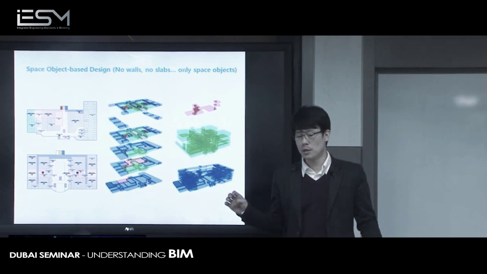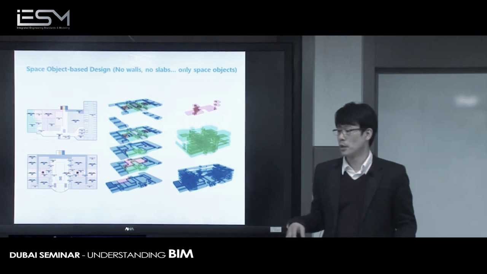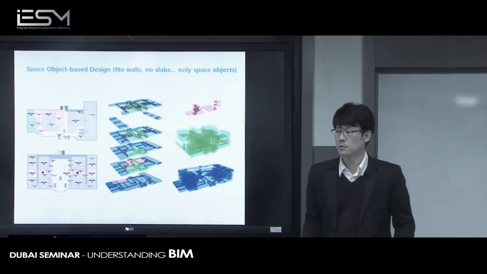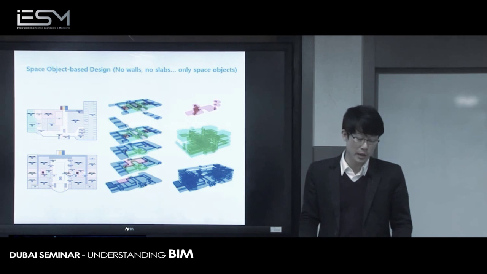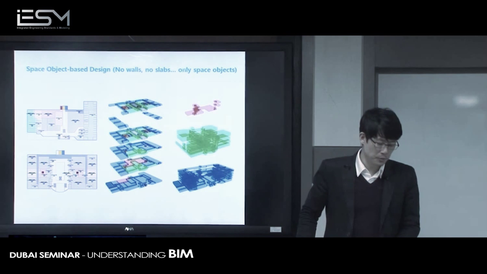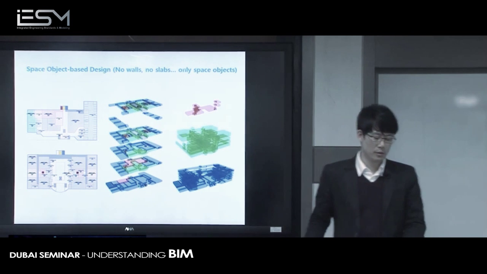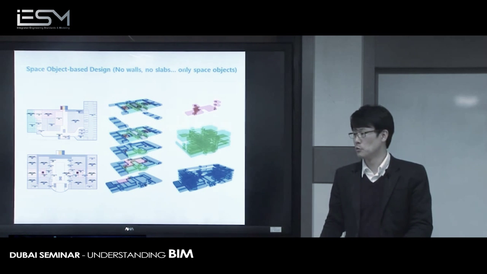A space object is a kind of void, invisible. It can be defined by surrounding objects such as walls. That is why you design walls first. I think there is a kind of irony. 100 years ago, Frank Lloyd Wright said an architect should design space, not walls, windows, doors, slabs, and so on.